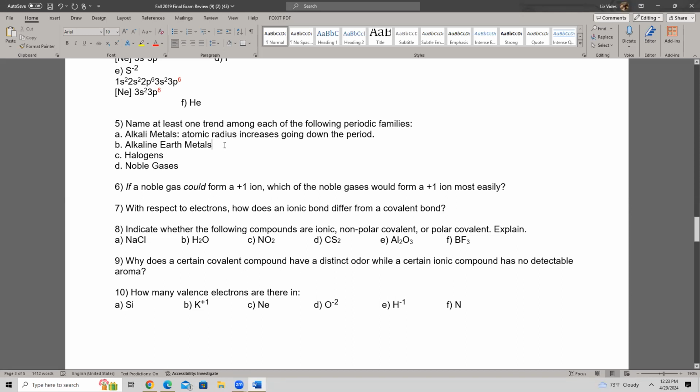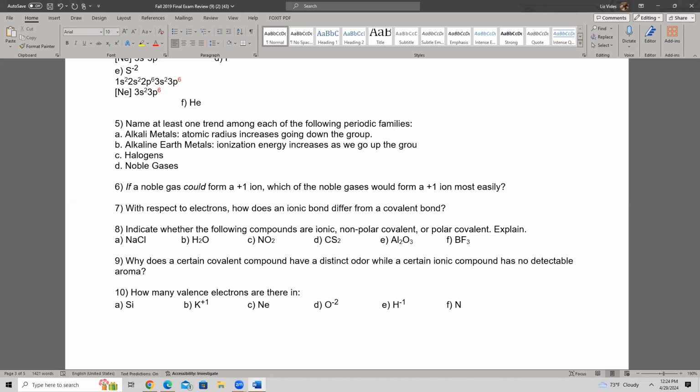The next one, alkaline earth metals, we're going to use electron affinity or ionization. Let's use ionization energy. So ionization energy increases as we go up, in this case, not down, the group. I put period both times, didn't I? I meant group.